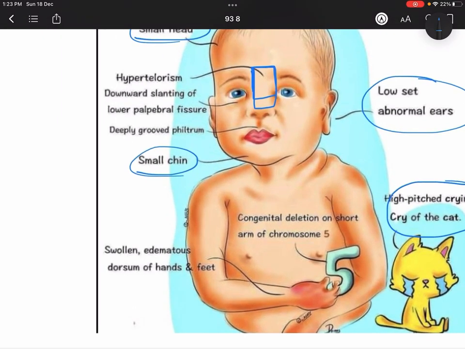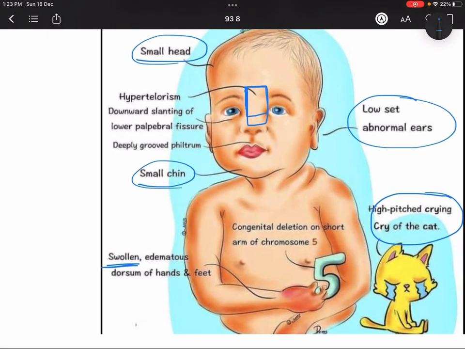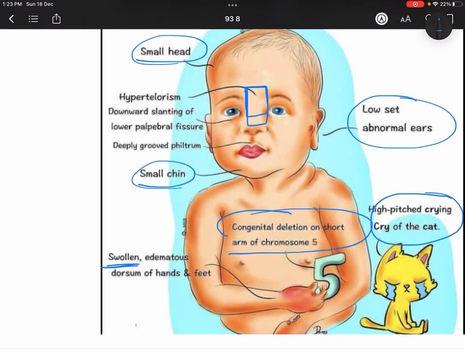Then they have swollen hands and feet. Congenital deletion on short arm of chromosome number 5, we have seen this. Downward slanting palpebral fissure, so you can also say downward sloping eyes. There are cardiac defects, you can write this also.